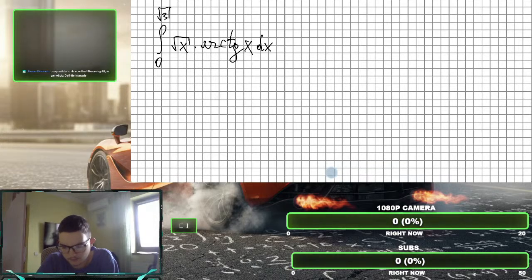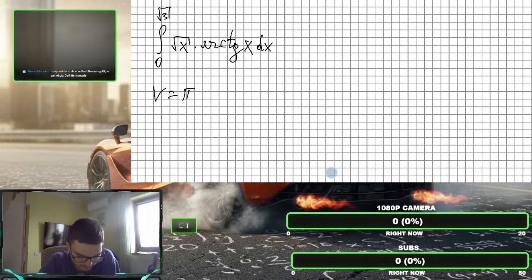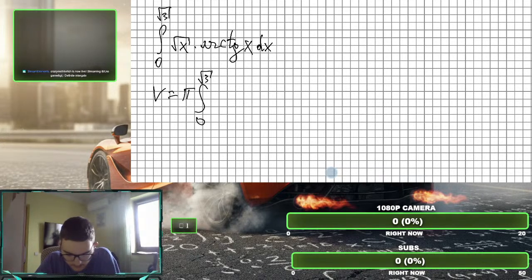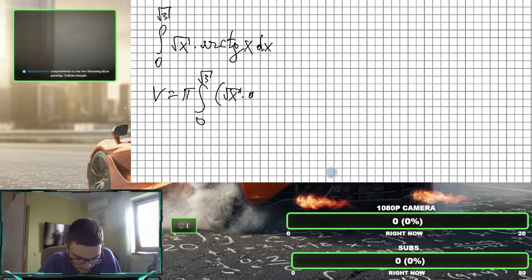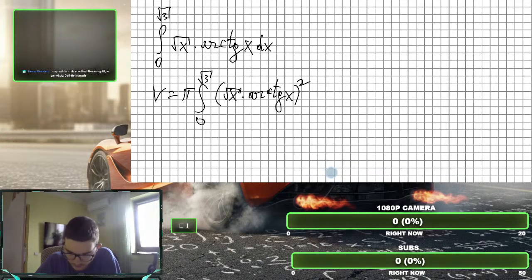Now after you get the volume, you add a pi and put a second power, so V will be pi times the integral from 0 to square root of 3, in parentheses f of x, all this power 2, square root of x times arctan x, all of this to the power of 2, dx.